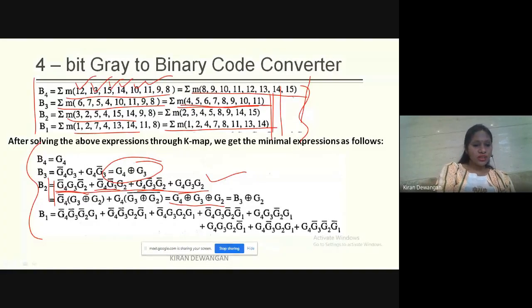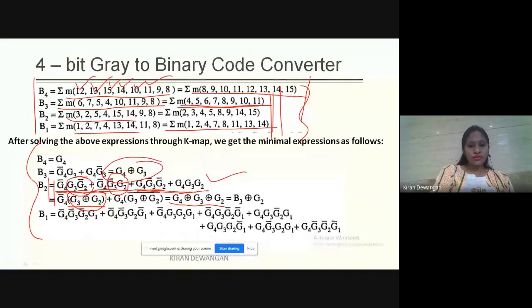Sorry, G3 XOR G2. Here I am getting G3 G2 bar and here I am getting G3 bar G2. So what is it? In this one, G4 bar is common, so G4 bar is taken out. Inside it is G3 XOR G2.